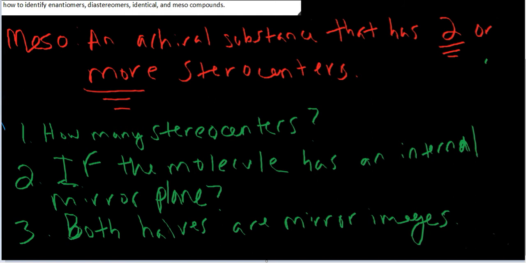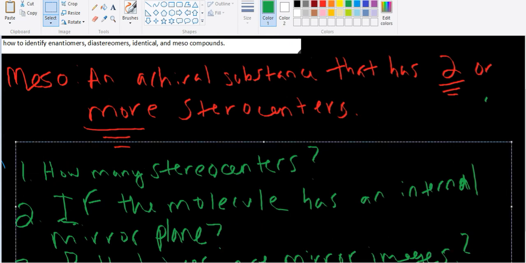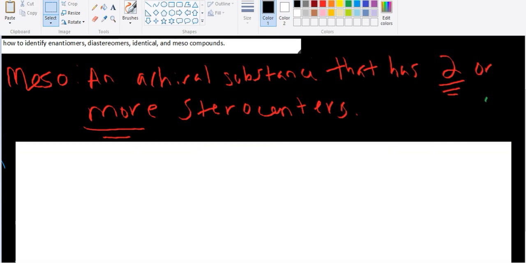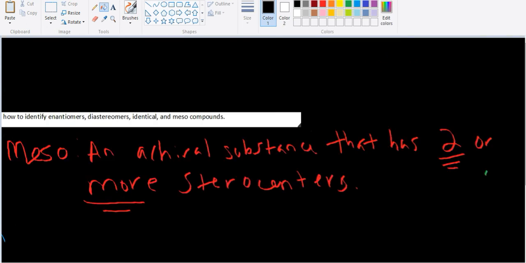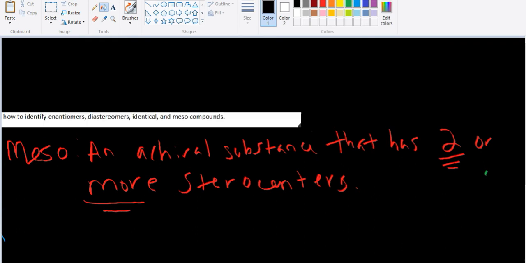So hopefully you got this definition down and the 3 questions that you want to ask yourself when considering if a compound is meso or not. Now I'll give you a quick picture of a meso compound, using our definitions, of course.